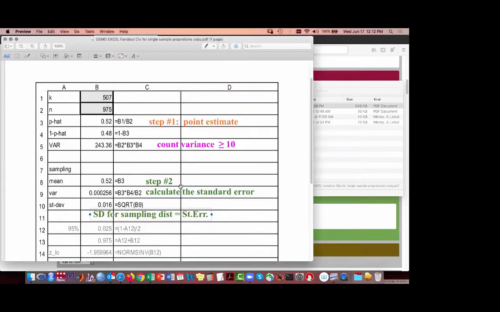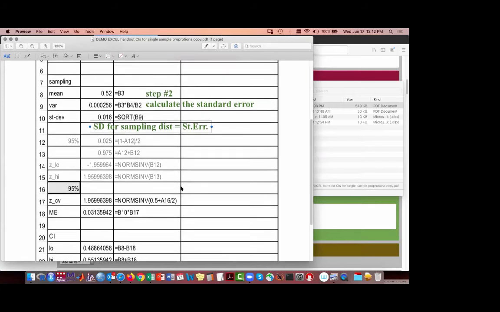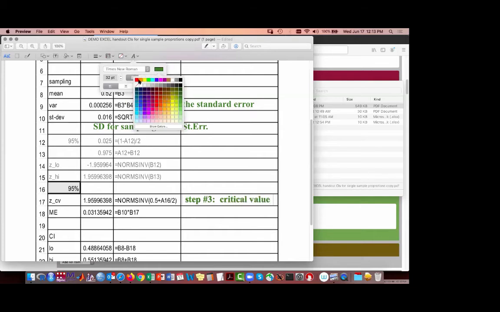Okay, so here's the handout. Here we've calculated the critical value right here. This is the critical value. Let's make that be red. So that's step 3, which is to calculate the critical value.